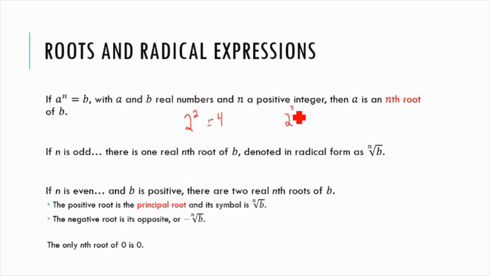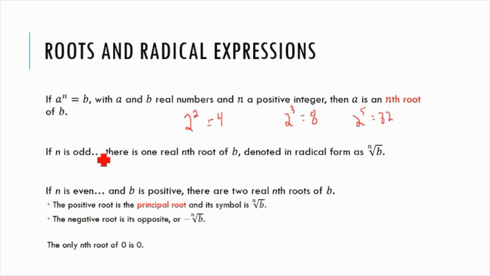Another example, 2 to the third equals 8. So 2 is the third root, or the cube root, of 8. Another one, 2 to the fifth equals 32. So 2 is the fifth root of 32.